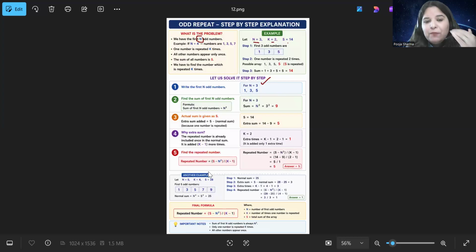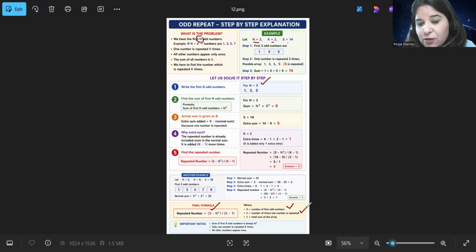So the simple formula to calculate this is (S minus n square) divided by (k minus 1). That is, k is how many times a number is repeated, minus 1, right? n is the number of first odd numbers. k is the number of times one number is repeated, right?